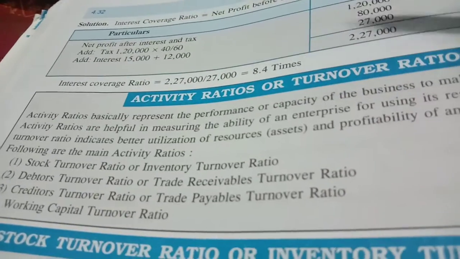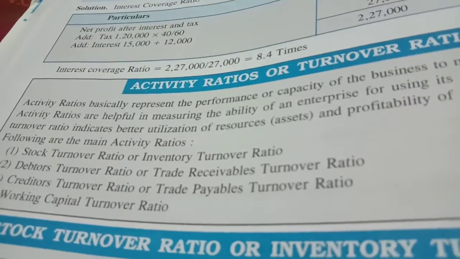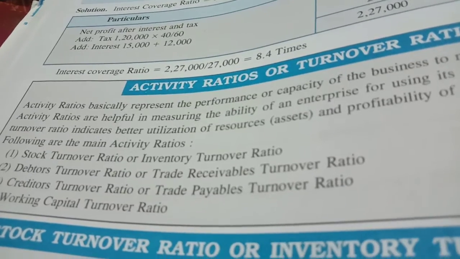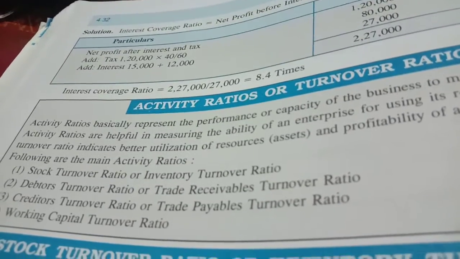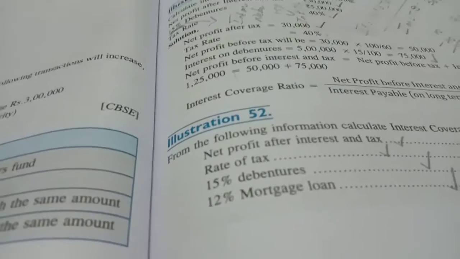See the sum. In this 1,20,000 we have to put in the reverse manner, that is 1,20,000 into 40 by 60, and we have to add the amount of interest also. What is the interest? That is 15% debentures and 12% mortgage loan.